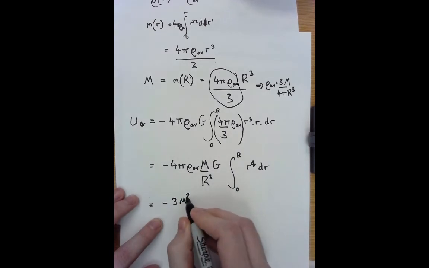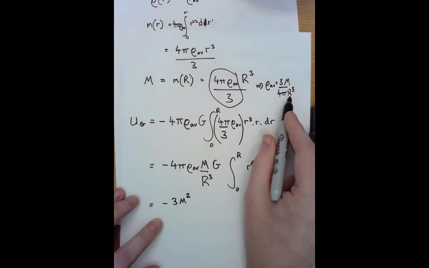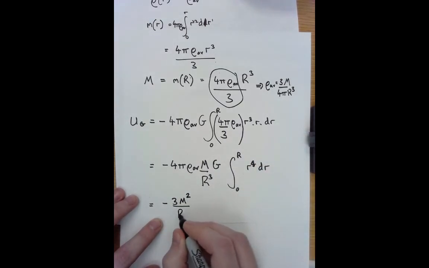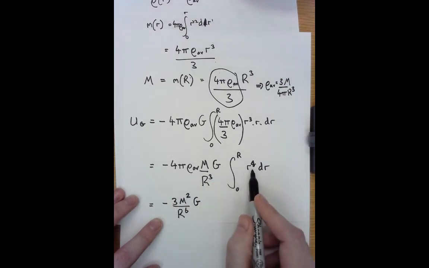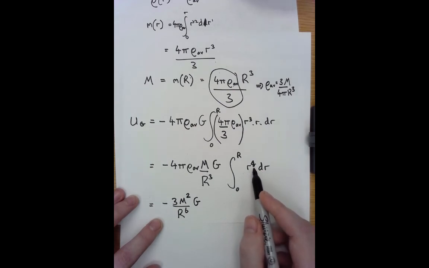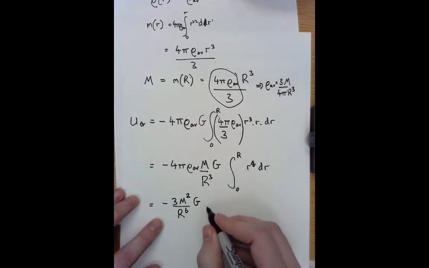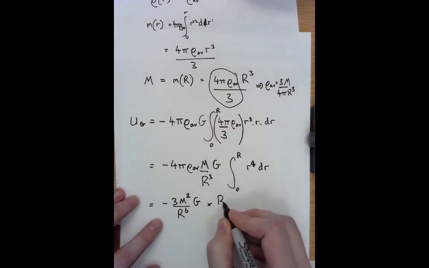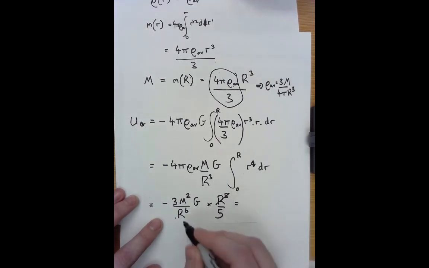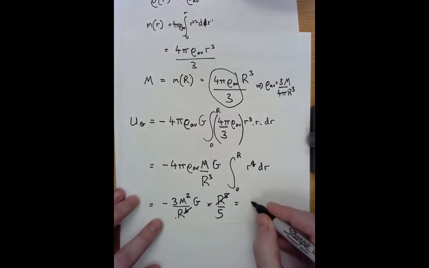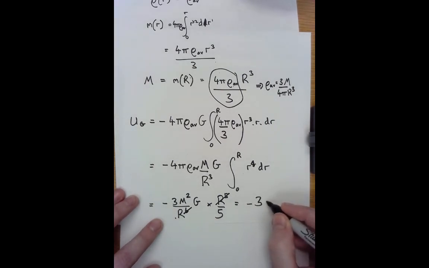We've got another M here, so it's M squared. We've got R cubed on the bottom here, which combines with that R cubed to give R to the 6, times big G. And then r to the 4 integrates to r to the 5 divided by 5. So this gets multiplied by big R to the 5 over 5. The R to the 5 here cancels with all but one of the 6 R's on the bottom. And we finally end up with minus 3 big G M squared over 5R.